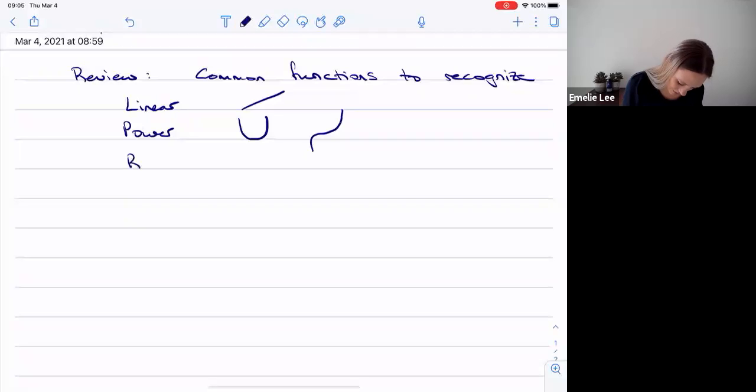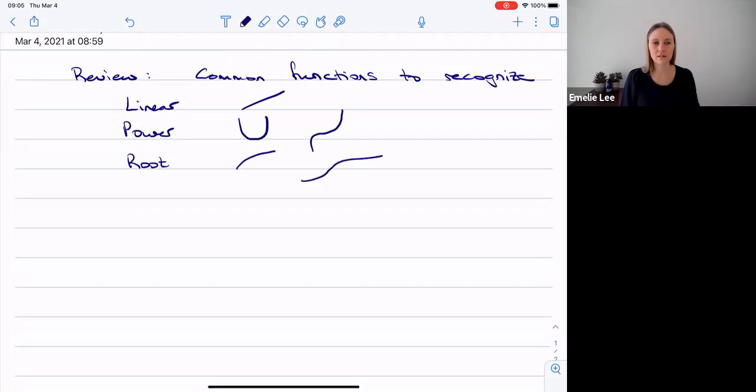But we can talk about root functions, even roots or odd roots. Notice these are just squiggles now, but kind of the general shapes, right?